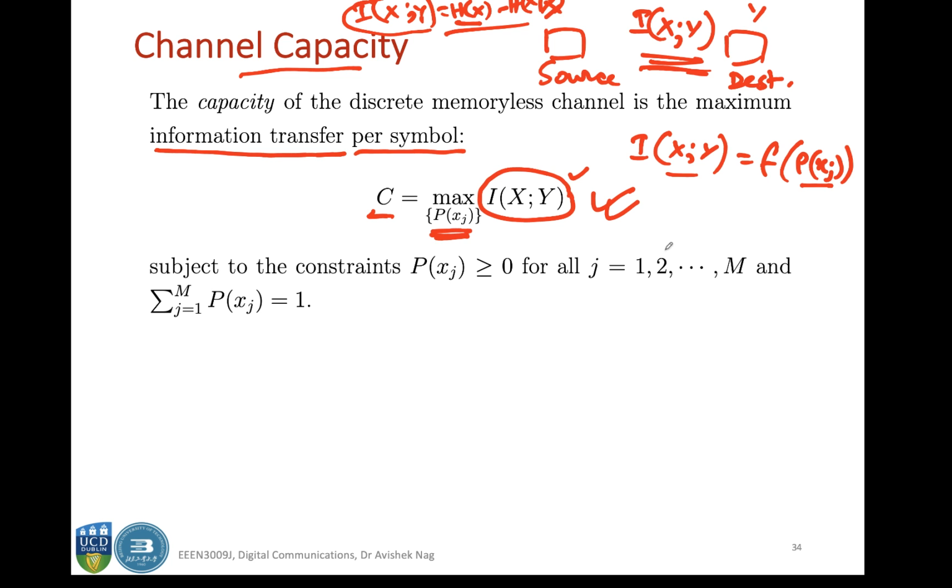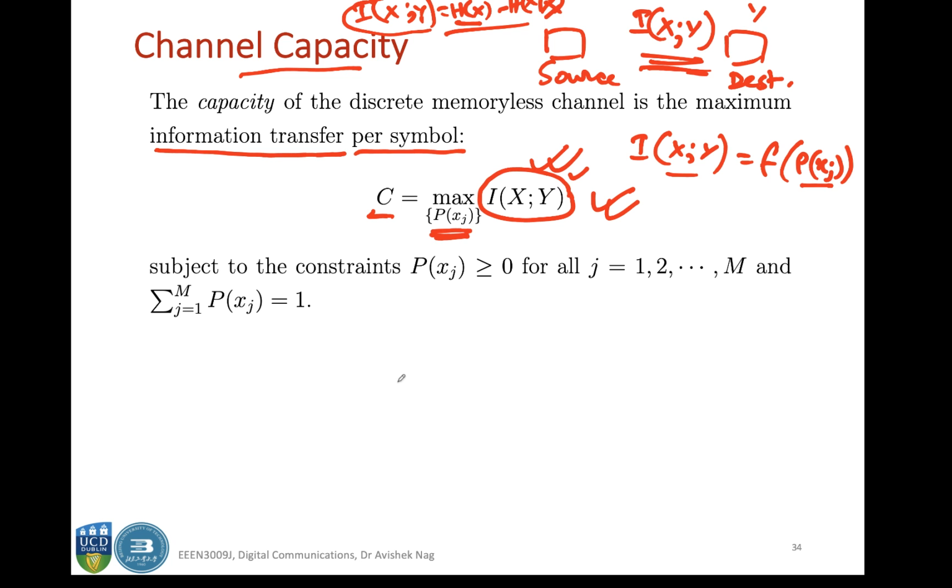So if you want to maximize this term, you have to maximize it over all the input probabilities p of xj's. You can just twist and turn these values so that whichever gives you the maximum I of x semicolon y.